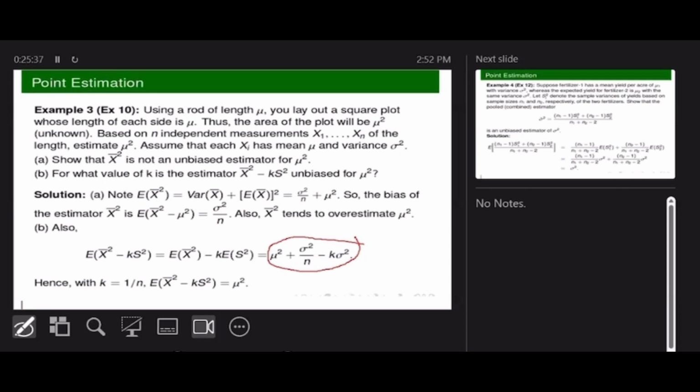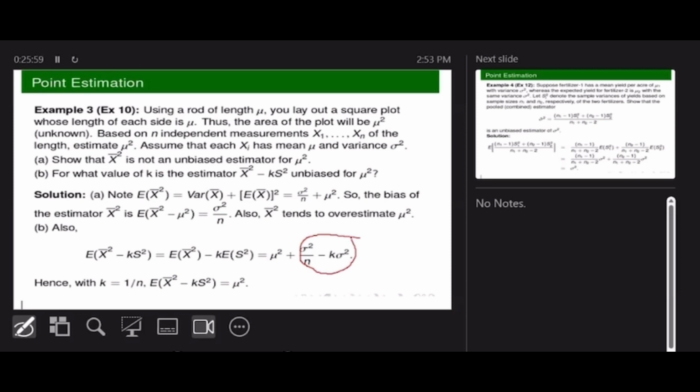If you want only mu squared, then what is going to happen? If I only want mu squared, what is going to happen to that? I will equate that to 0. When I equate that to 0, then I will be able to find K.